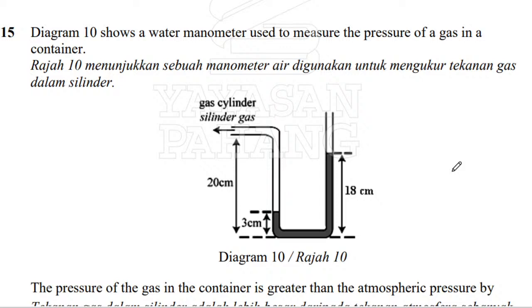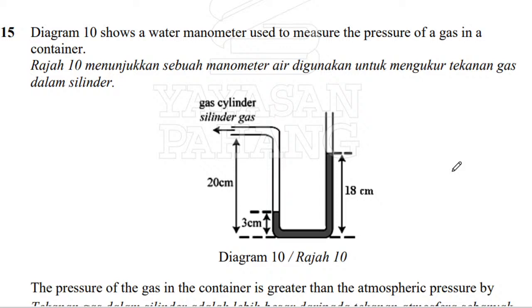If the question asks what is the name of the instrument that can be used to measure atmospheric pressure, it will be barometer. There are a few types of barometer: we have mercury barometer, we have aneroid barometer. So when you see the word barometer, it means that instrument is used to measure atmospheric pressure.